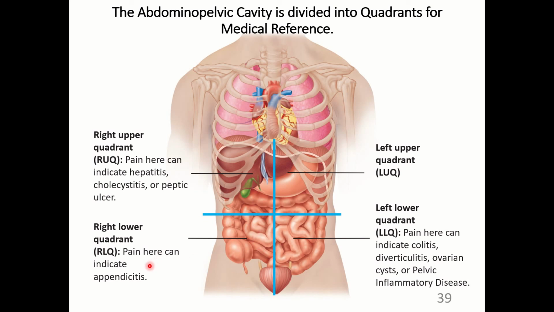So pain here can indicate appendicitis. The left lower quadrant primarily contains small intestines and descending and sigmoid colon. So pain here can indicate colitis, diverticulitis, ovarian cysts, or pelvic inflammatory disease.